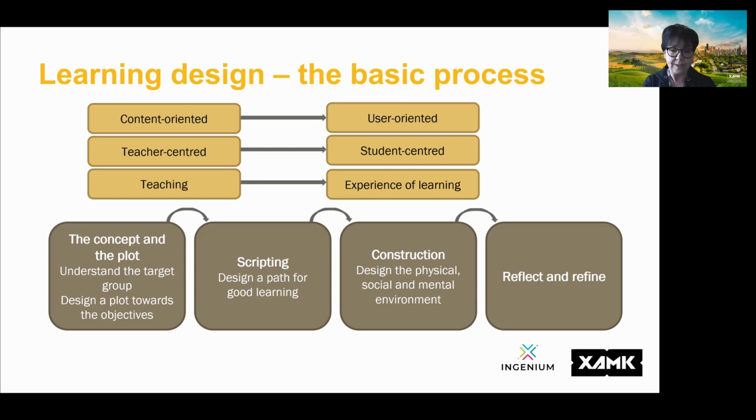So the physical means the technologies, social, for example, possibilities for interaction. And the mental means that you try to ensure the student's psychological safety by, for example, enough support from the teacher and also from the group. And of course, after you have implemented the course, it's time to reflect and improve.